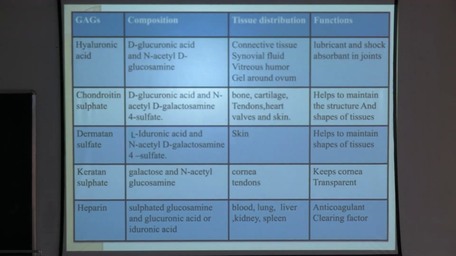Various MCQs can come from this part, asking which mucopolysaccharide does not contain any acid sugar. Keratan sulfate. Where is keratan sulfate found? In cornea and tendons. Keratan sulfate of the cornea keeps the cornea transparent by accumulating enough water.